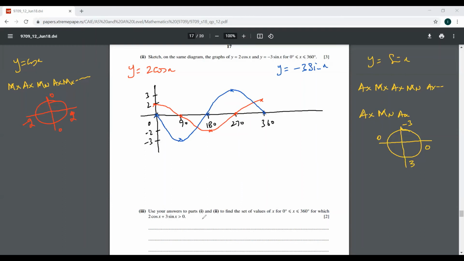Next, it says use your answers to parts 1 and 2 to find the set of values of x for which this is positive. You see that 2 cos x plus 3 sin x. One of the equations is y equals 2 cos x.